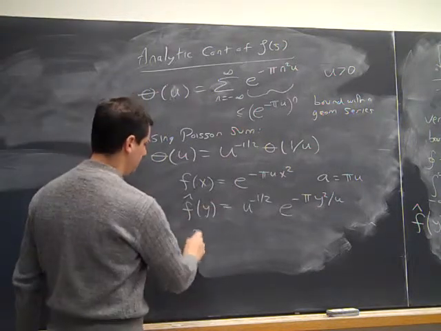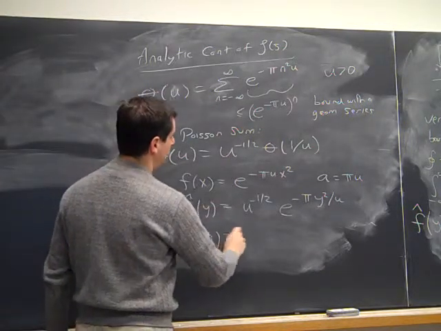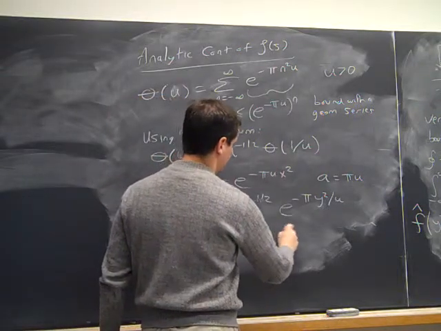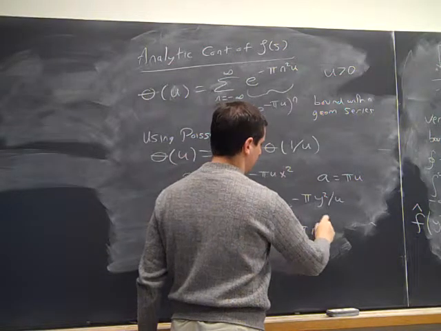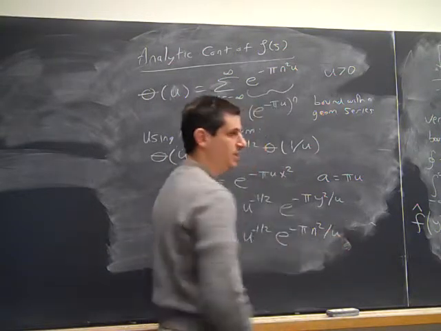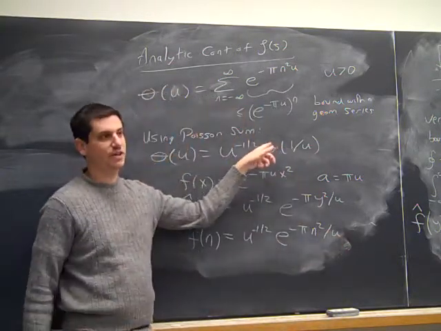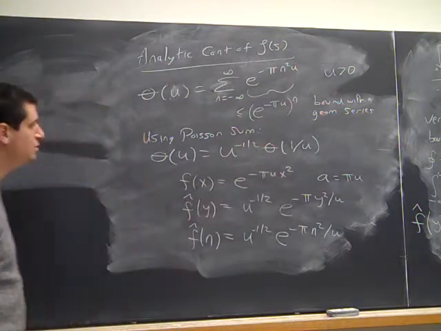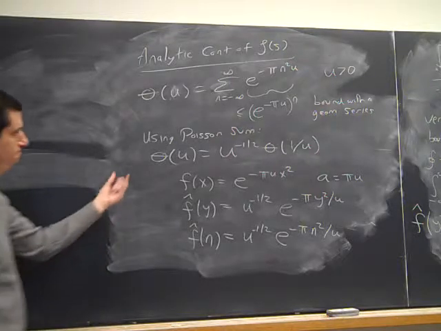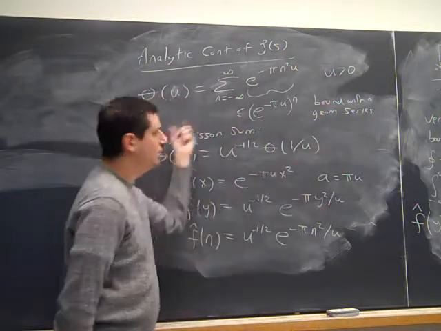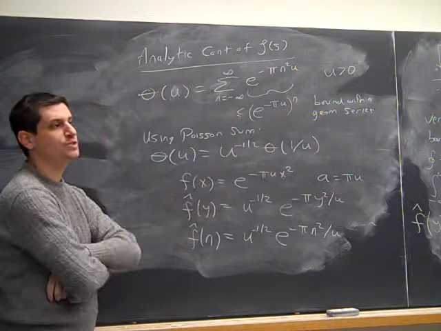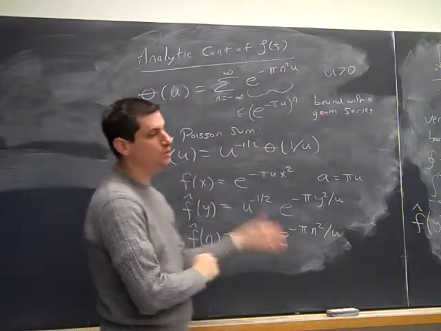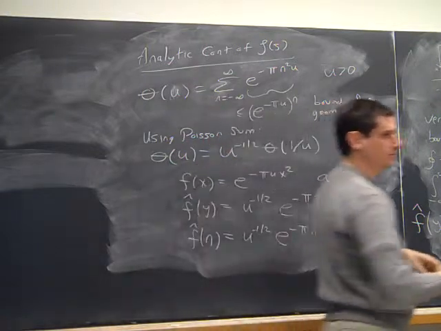So f hat of n is u to the minus a half e to the negative pi n squared over u. This is essentially evaluating our function not at u but at 1 over u. So this is the proof of this relation. It's a consequence of Poisson summation. And of course, if u is greater than 0, 1 over u is also greater than 0.